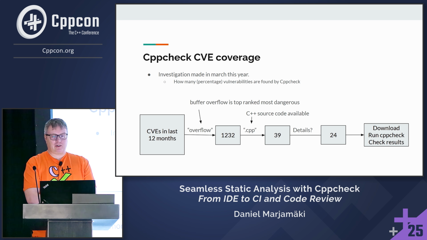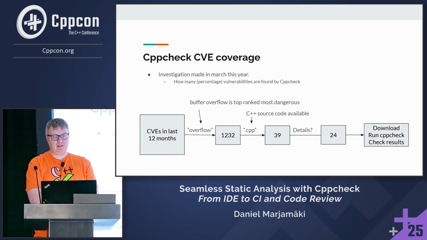So I wanted to look at C++ projects that were open source, where I can easily download and look at the code. I added a .cpp filter, so all CVEs that contain .cpp in the description. Then I got 39 CVEs.